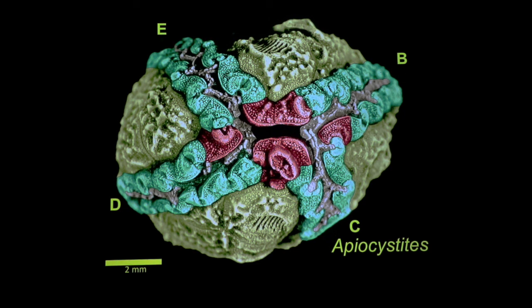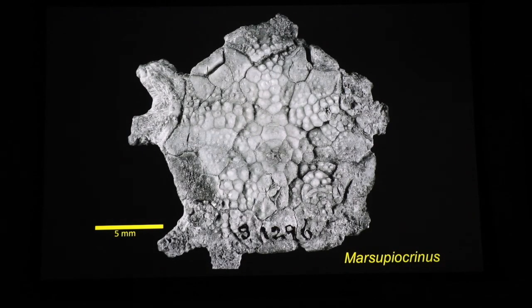Universal elemental homology has also helped make sense of the tegments of crinoids. It used to be thought that tegments of the crinoid, like this Marsupiocystis, are simply just a random array of plates. But if we look for the homology, we can actually see it quite well in this area.